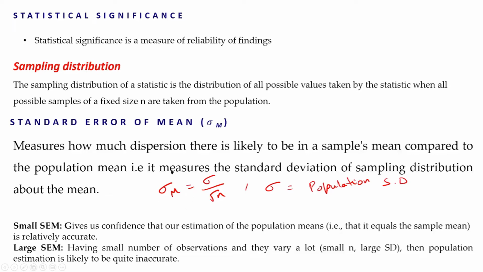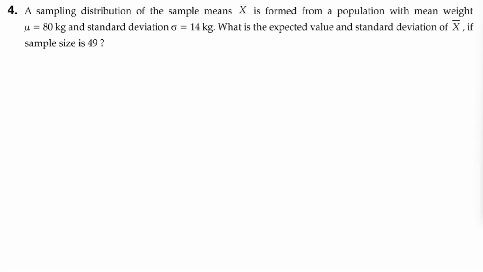So if this value is less, our estimation is good. If this value is large, we have only a small number of observations and those observations also vary a lot, and the estimation we make on the population based on the sample is not very accurate.